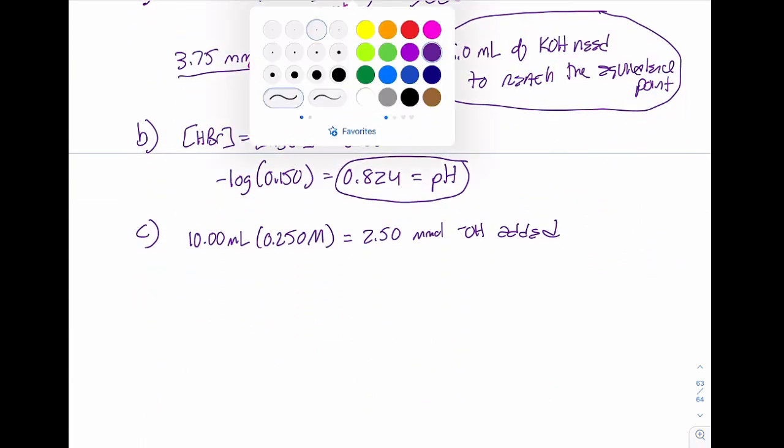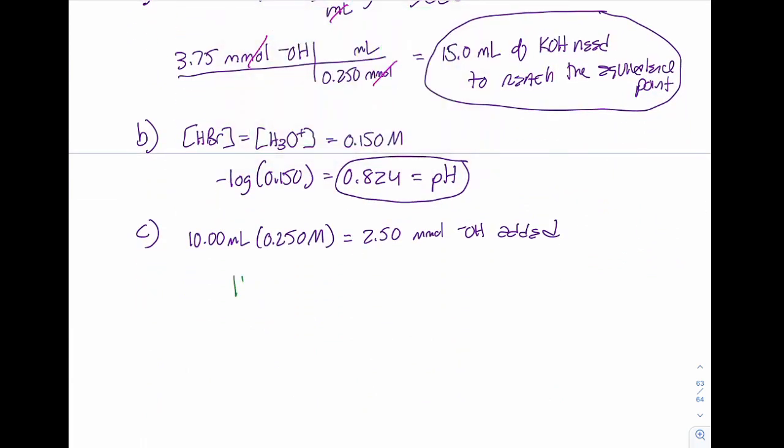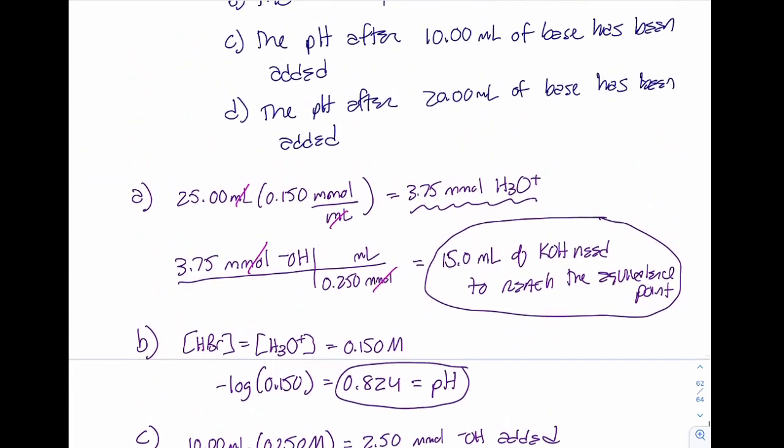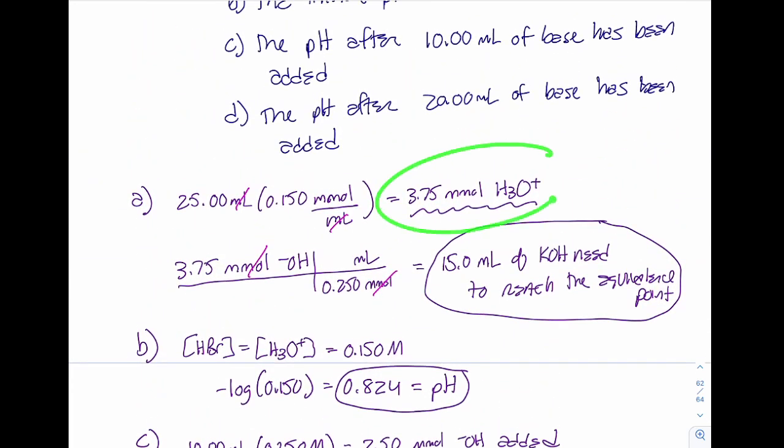So writing our neutralization reaction, my strong acid reacts with my strong base. We're producing 2 water molecules. I have 3.75 millimoles of acid, right? That's the number we calculated up here.